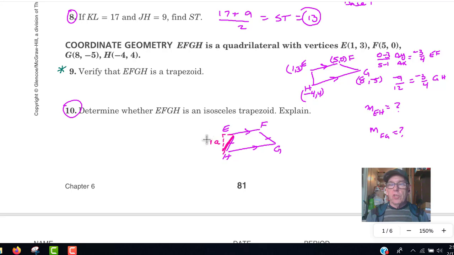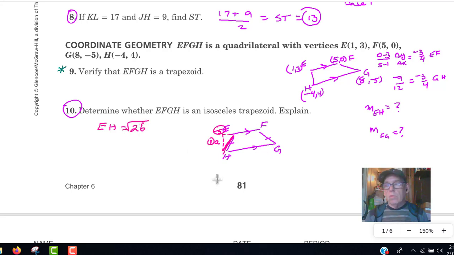Looking for our change in x, we're going from 1 to negative 4, which is a drop down of 5. So we have 5 squared, which is 25, plus 1 squared, which is 1, and we get square root of 26. So the length of EH is, actually, square root of 26.